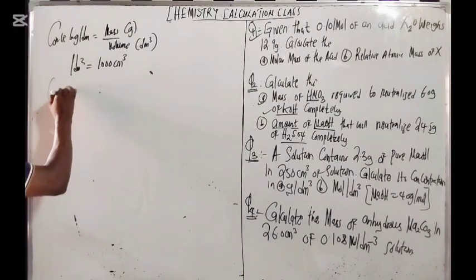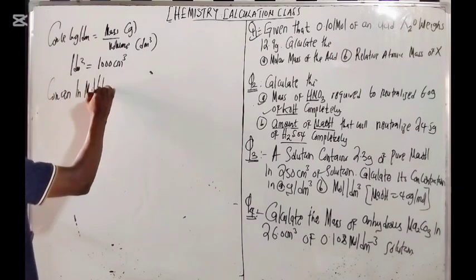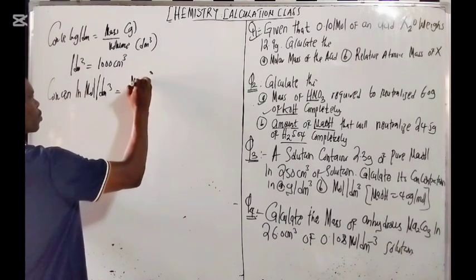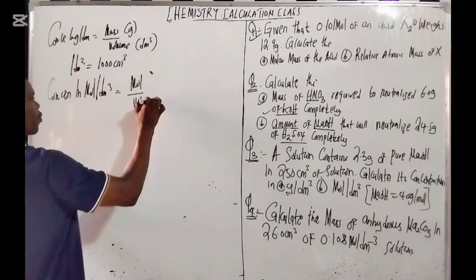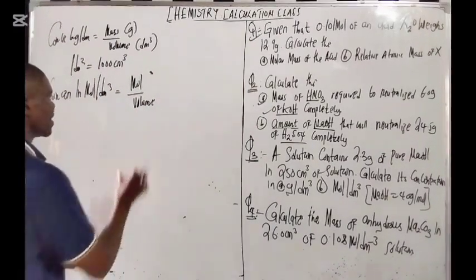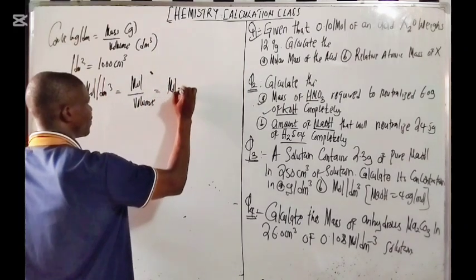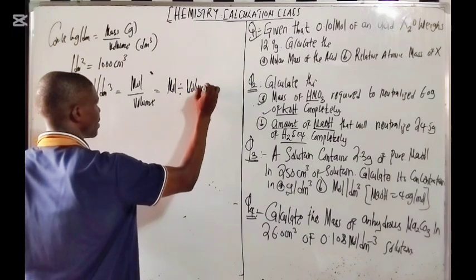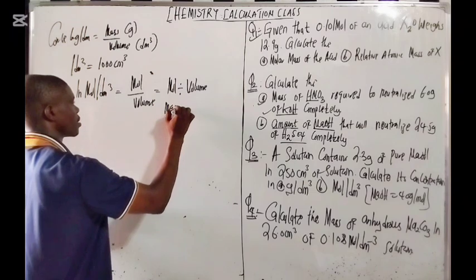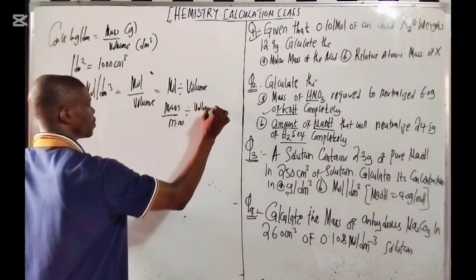molarity, concentration in mole per dm cube. Mole per dm cube equals mole over volume. You know this one, right? But we know that mole equals mass over molar mass. So mole divided by volume is mass over molar mass, divided by volume over 1.